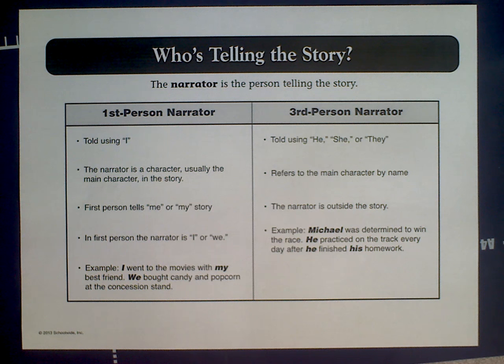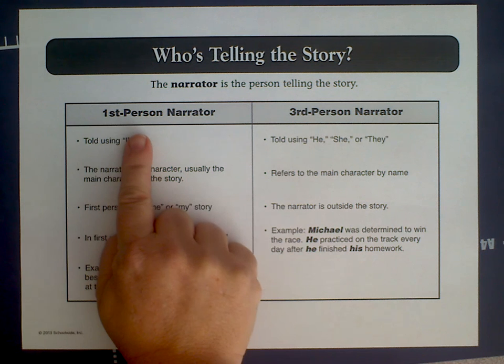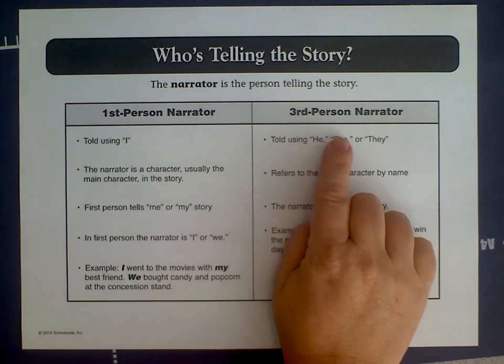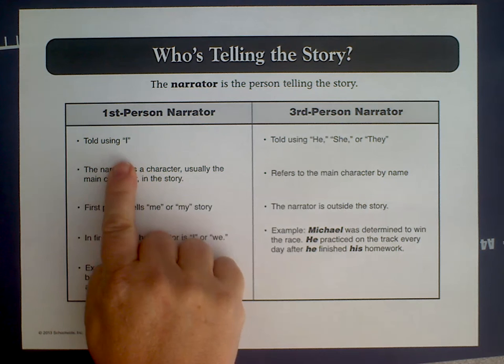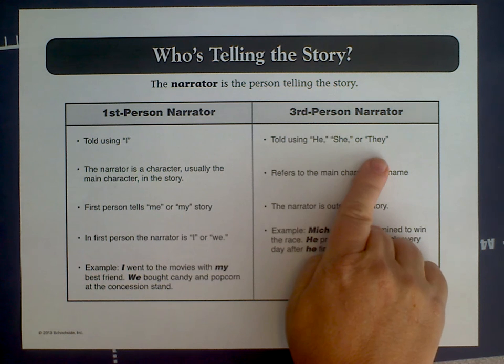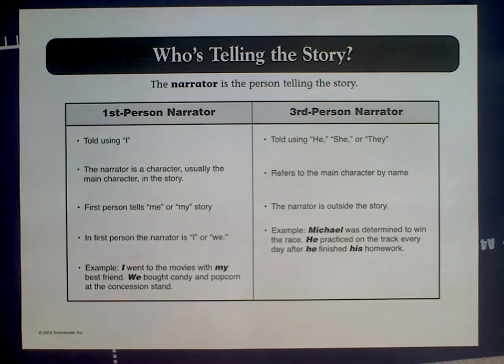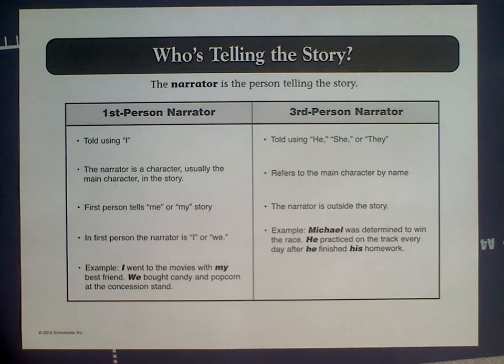As we continue to study fiction, let's remember to determine what type of narrator is telling our story: first person or third person. Once we determine the narrator by looking at the use of I or he, she, or they, we readers will gain further insight into our stories, characters, plots, and themes.